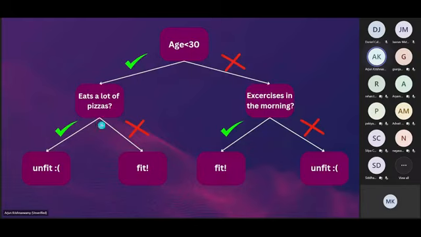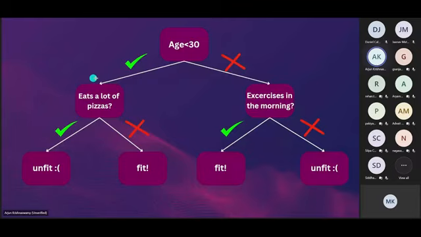So basically, through these sets of questions, we can classify if a person is fit or unfit. And in the very first question, if it was false, then we ask another question, if he exercises in the morning or not. And if he does, then he's considered fit. If not, he's unfit.